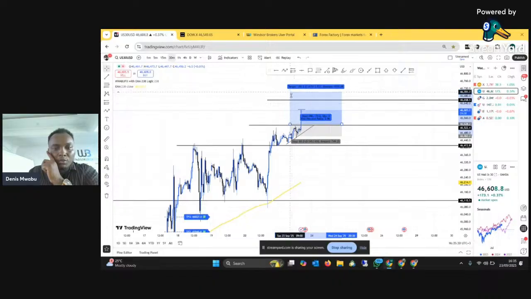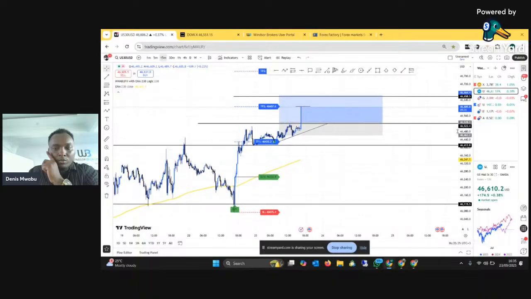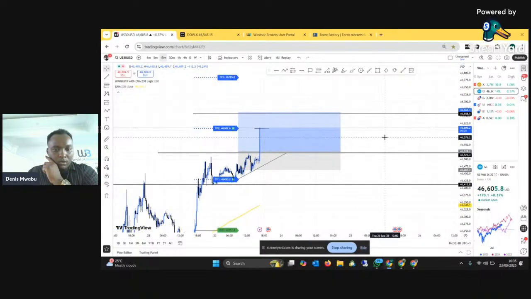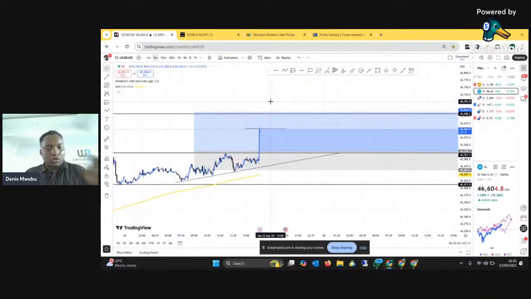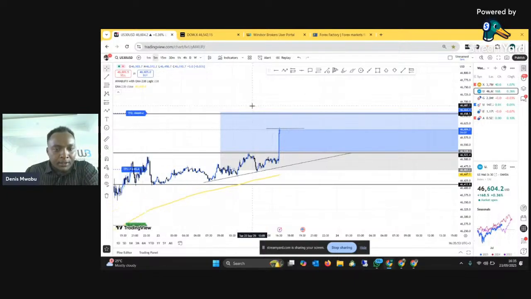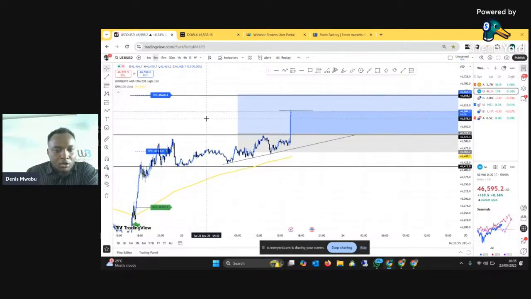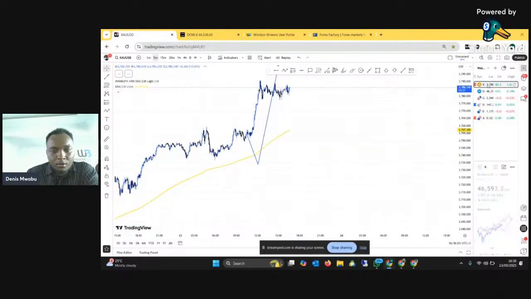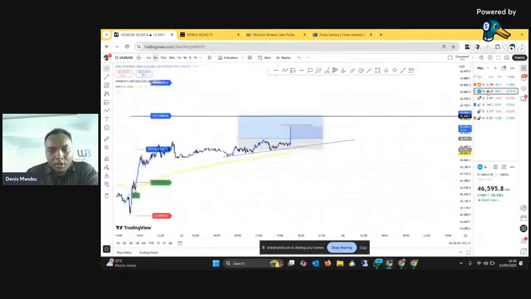But this thing might just push all the way, to be honest. I think I got caught up analyzing the other pairs, so I might have missed this move.